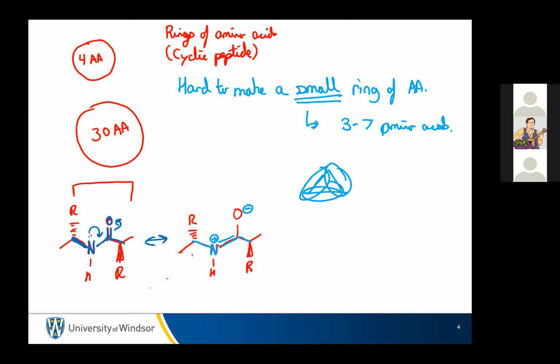So this is hard. The interesting thing is, if you have 30 amino acids in a ring, your ring is floppy, right? You can imagine the whole thing just kind of flops around in all different conformations and configurations, because there's a lot of flexibility in there because there's 30 amino acids. Whereas if you only have 4 or 5 amino acids, your ring isn't floppy. It's very static.